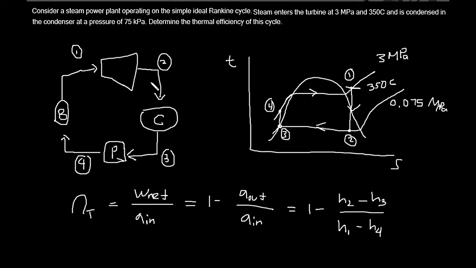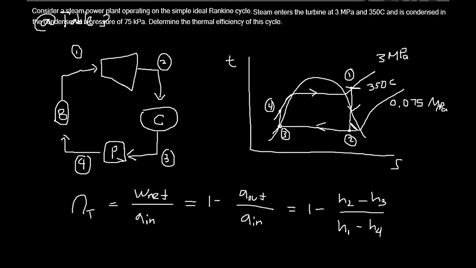Now, let's start by solving state 1. In order to solve the state of a vapor, you need two intensive properties, and we have pressure and temperature, so we can solve the state.